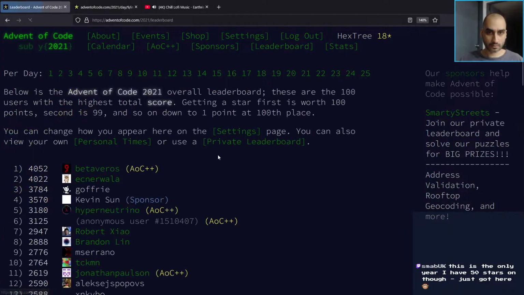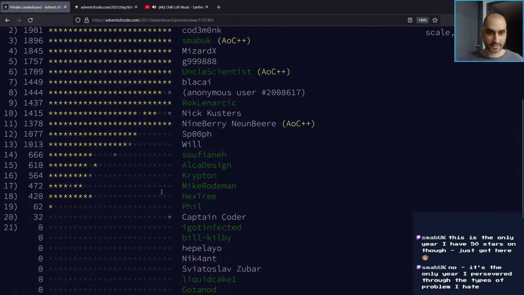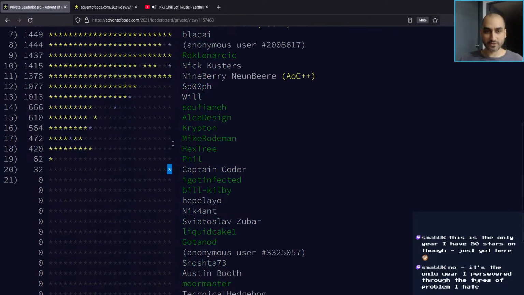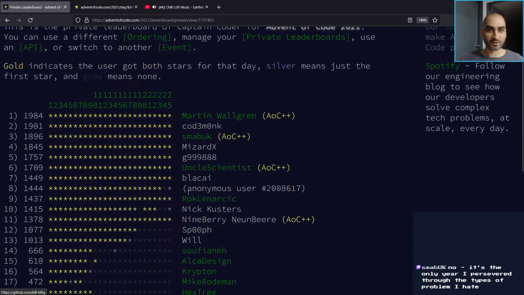Oh, I was gonna look at Captain Coda's leaderboard as well. I see that Captain Coda has done part 1 of day 25. I don't know why. Did he accidentally pick the wrong year at some point when he was doing it? Or maybe he just for some reason wanted to do that specific problem.